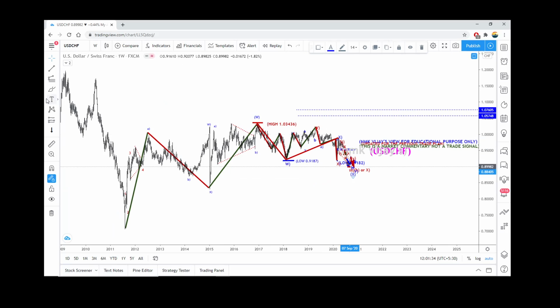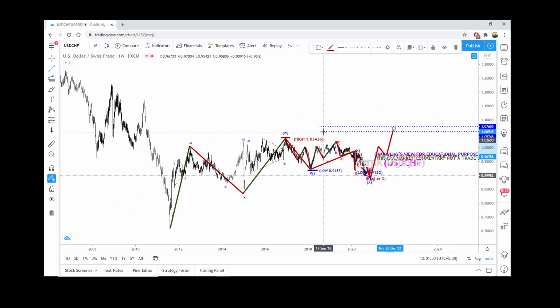Now I'm expecting a bigger A, B, C at the end of here in this zone. It has to break this 1.0343. In either case, it could be a more complex correction also. That means if it doesn't break this high, there is a lot of chance of making something like this also.